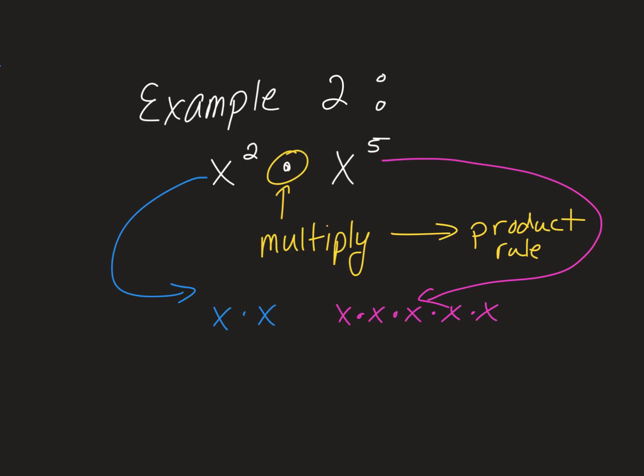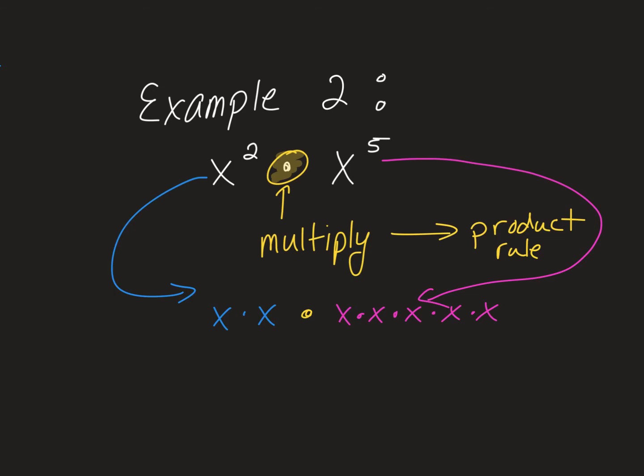And then the multiplication symbol that we have there in between tells me that I'm taking these two smaller multiplication problems and I'm just combining them together into one big multiplication problem.